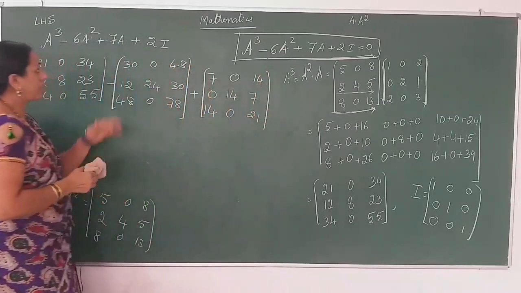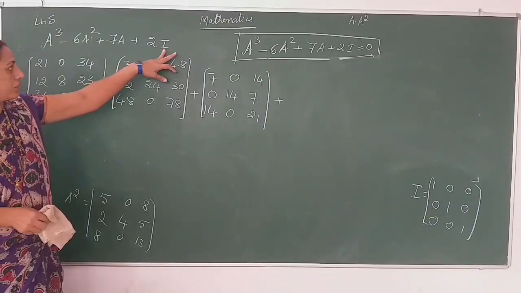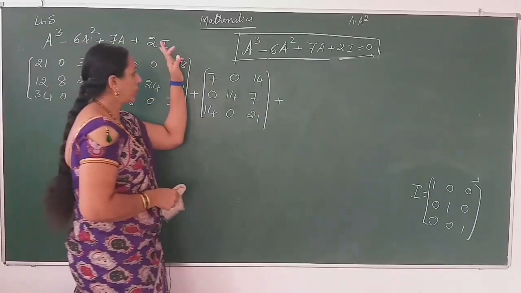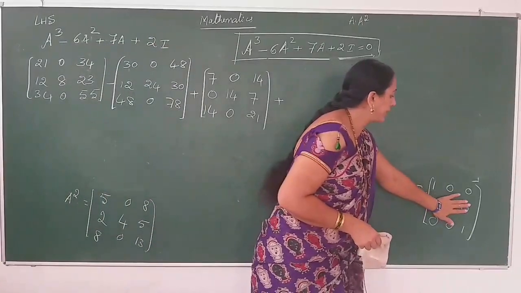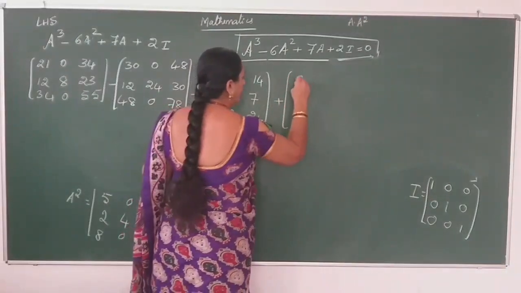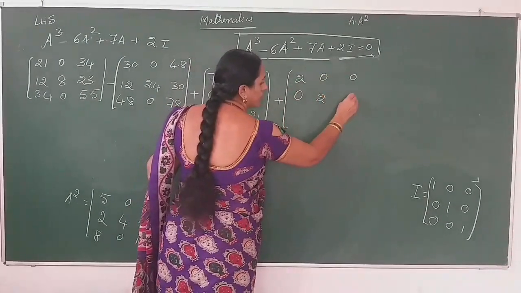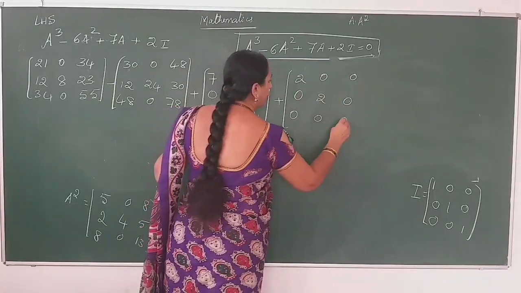That is 7A. Plus the last term is 2I. So I is the identity matrix multiplied by 2. That is 2, 0, 0, 0, 2, 0, 0, 0, 2.